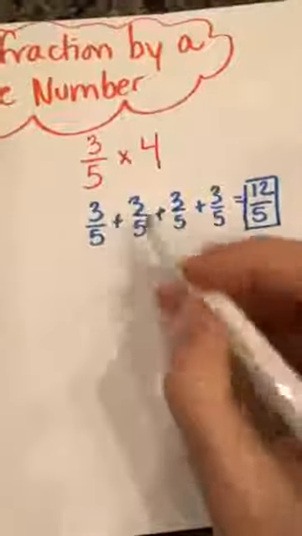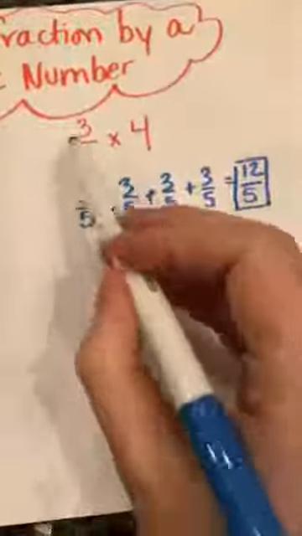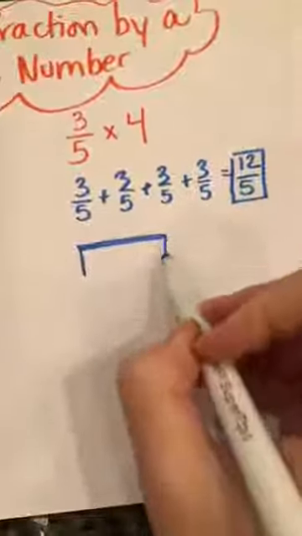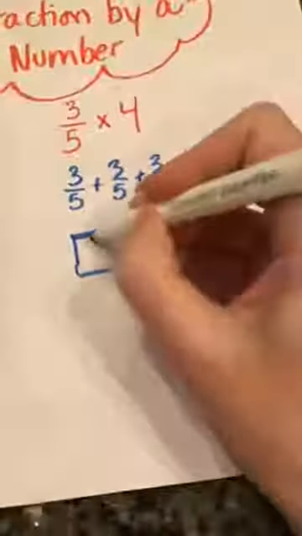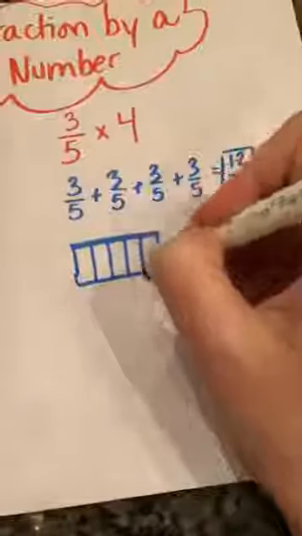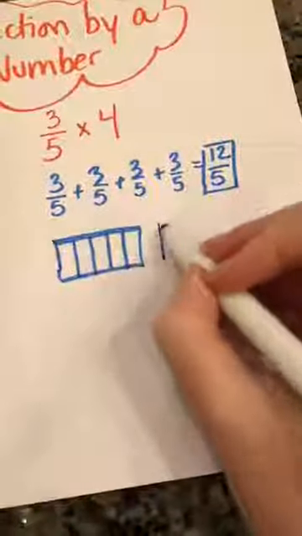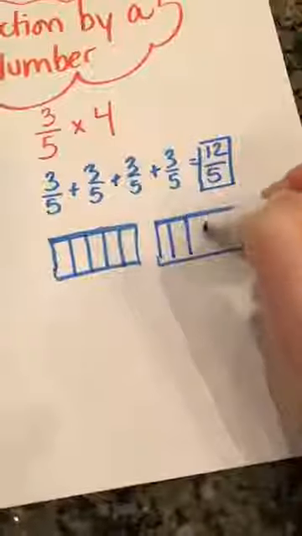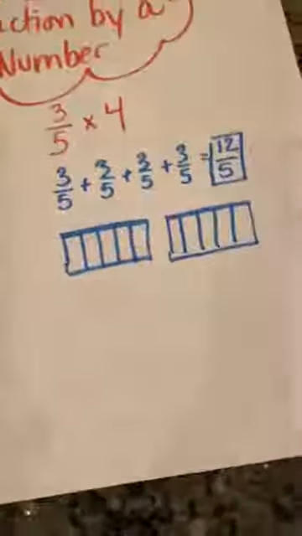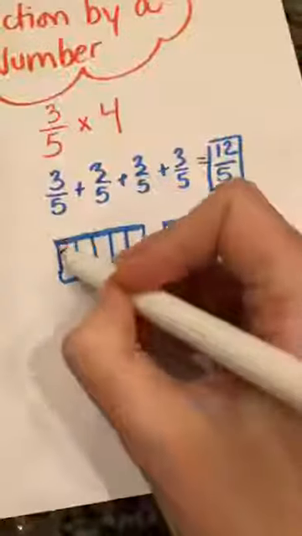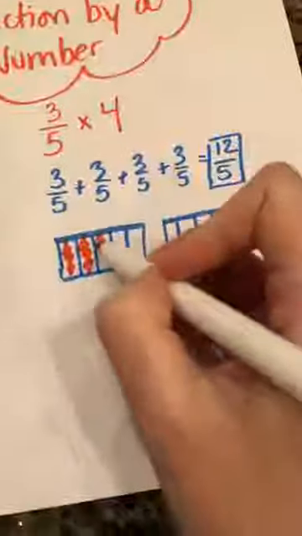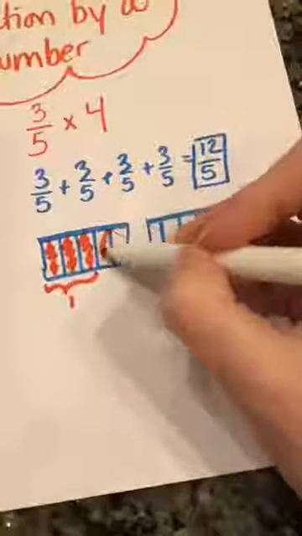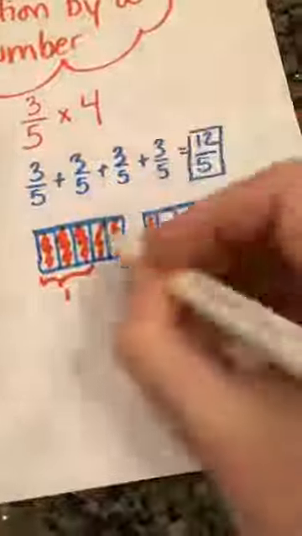My next one is a visual model. So what I'm going to do is I'm going to repeatedly add 3/5 4 times. So I know in my whole I need fifths. And I'm probably going to have to go above my whole, right? So let's do 3/5. 1, 2, 3. That's one group. 1, 2, 3/5.